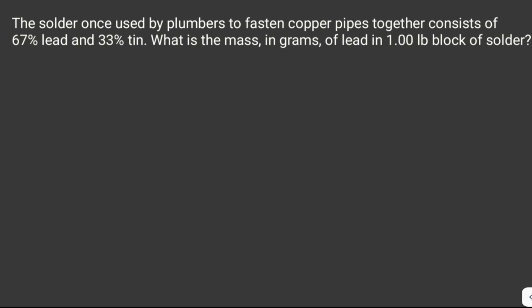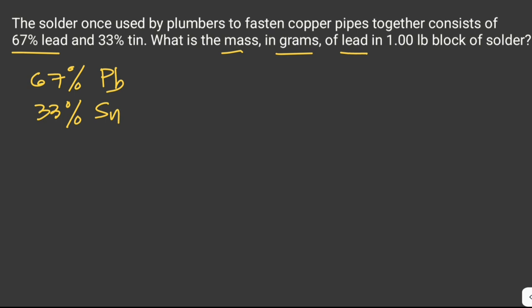Alright, we're given here that the solder consists of 67% lead and 33% tin. And we are asked for the mass in grams of lead in 1 pound block of solder.